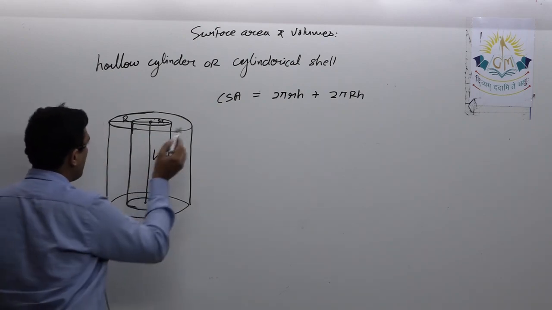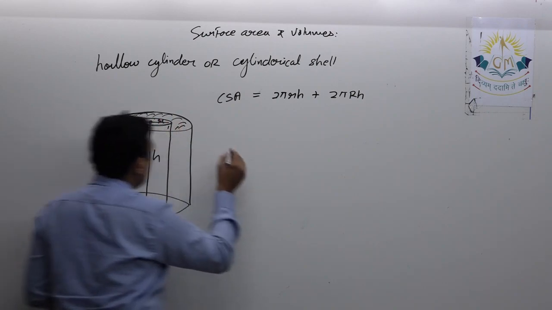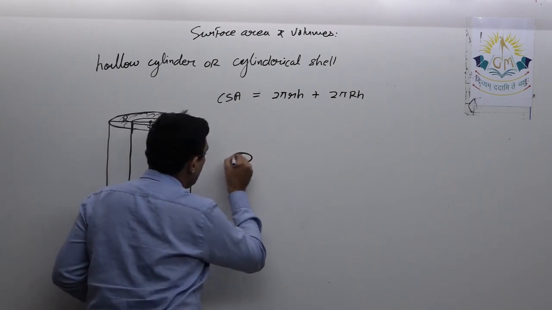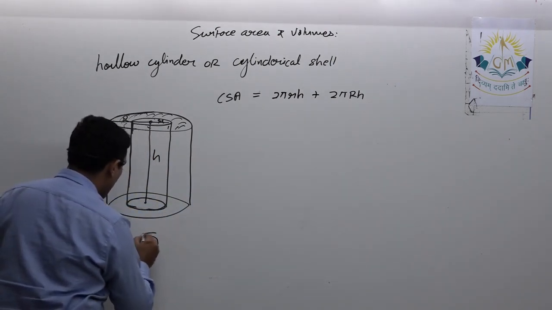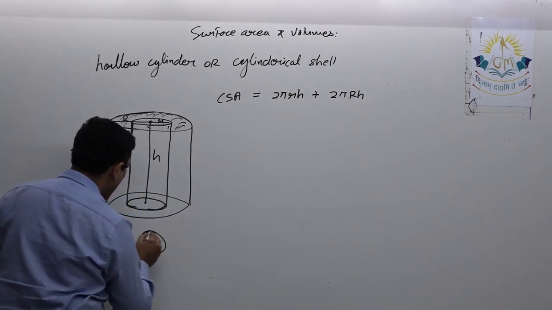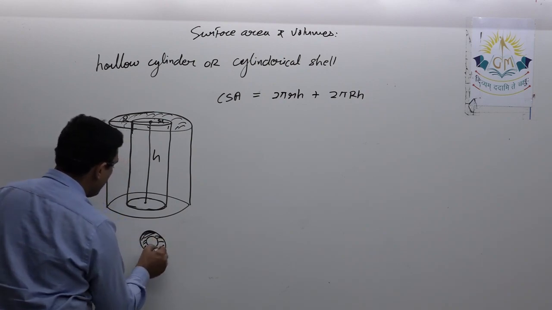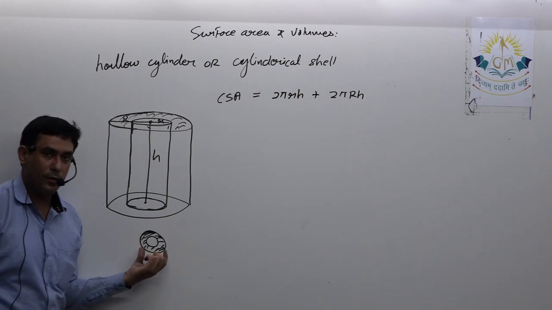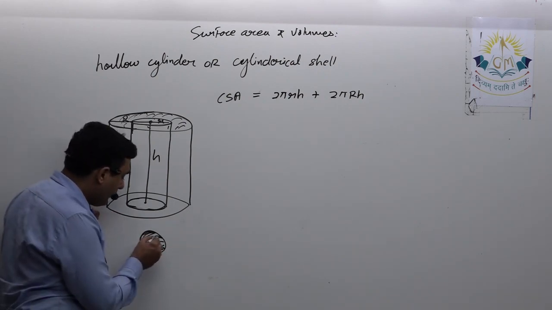Now, we can also cover color in this ring. See, here I am drawing the top view of this pipe. This pipe looks something like this. So this shaded portion also it is possible to paint. Here we will say this is the area of ring. Now how to find this area of ring?